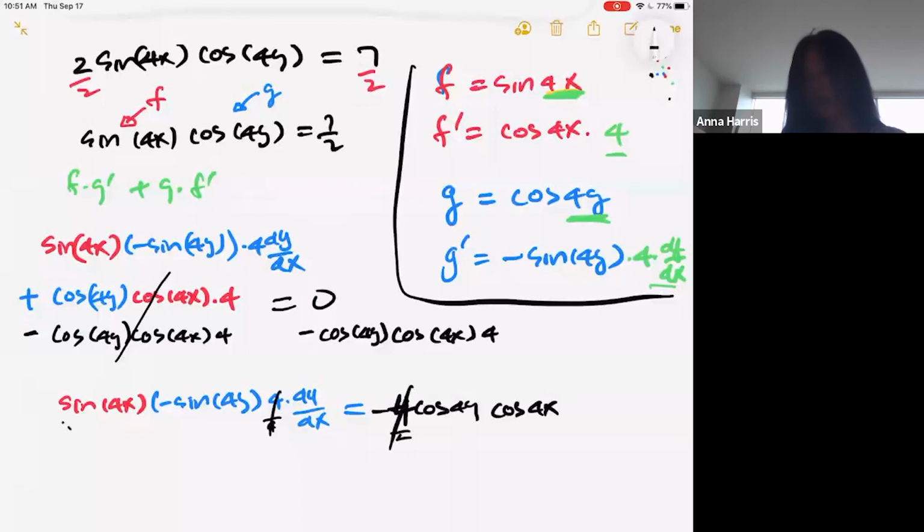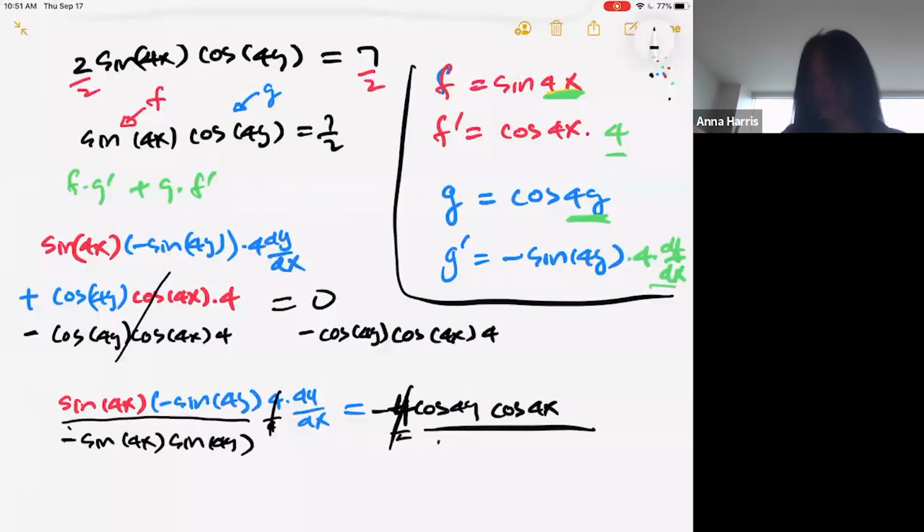And then I'm going to also divide everything by this, which has a negative in the front, so negative sine 4x sine 4y.